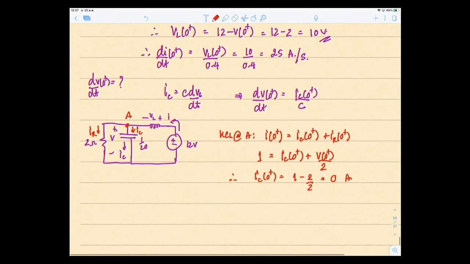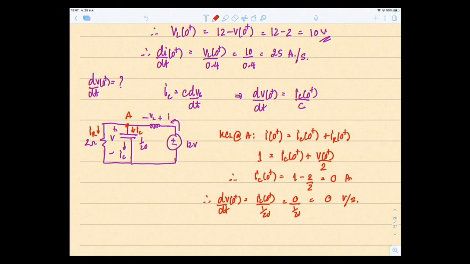So IC at 0 plus is 0 amps. So therefore our dV/dt at 0 plus is equal to IC at 0 plus divided by C. So it's 0 divided by 1 over 20, which ends up equal to 0 volt per second. So we got our 4 initial conditions.